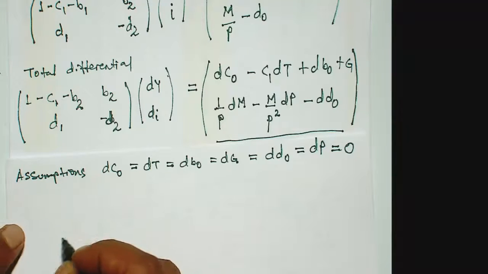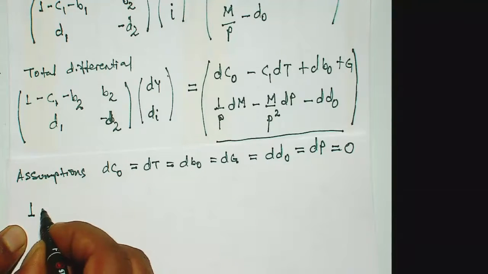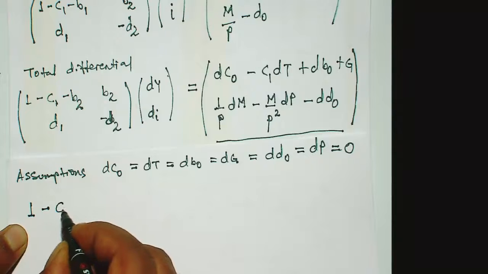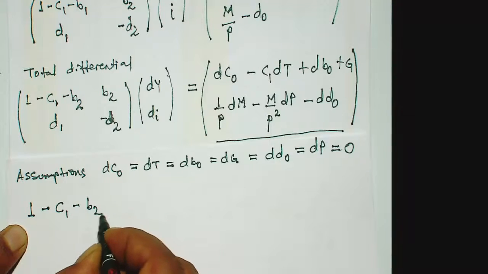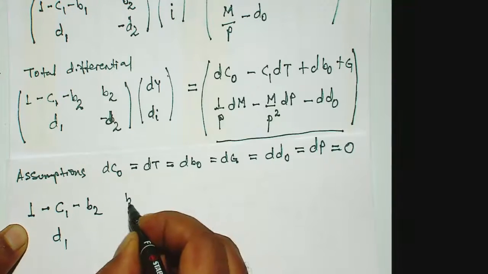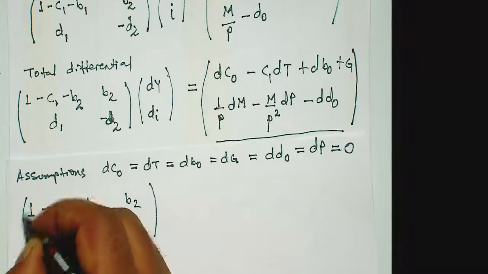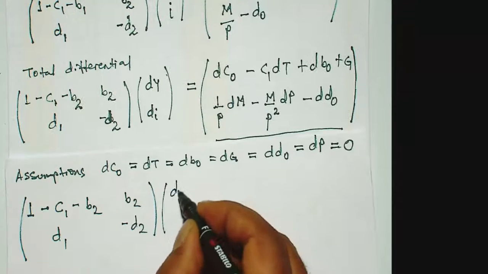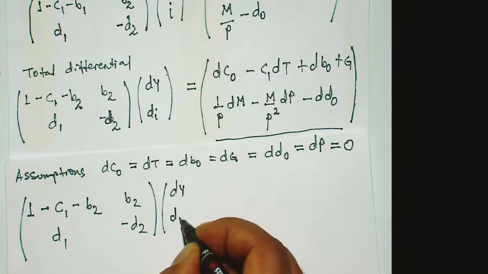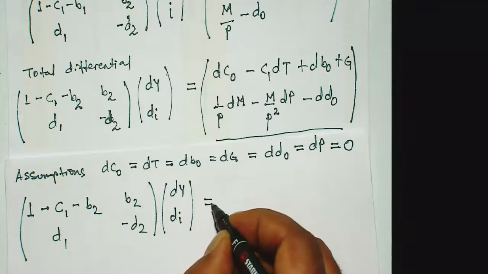If I set all these terms to 0, I would have a simplified total differential, which would look like this.